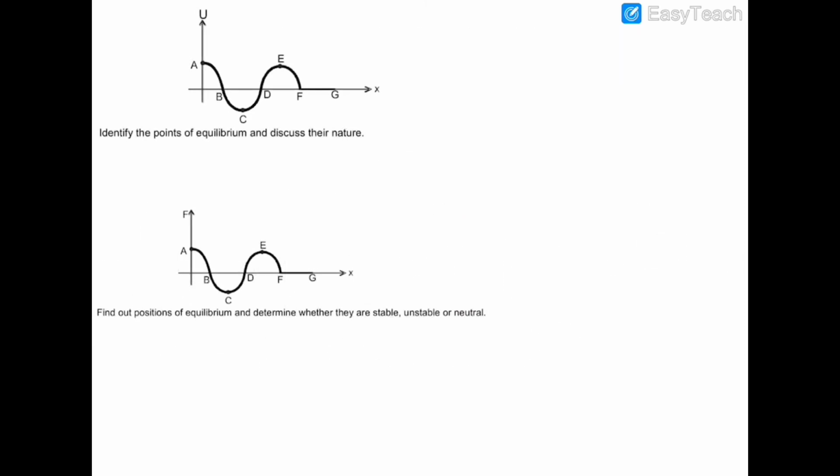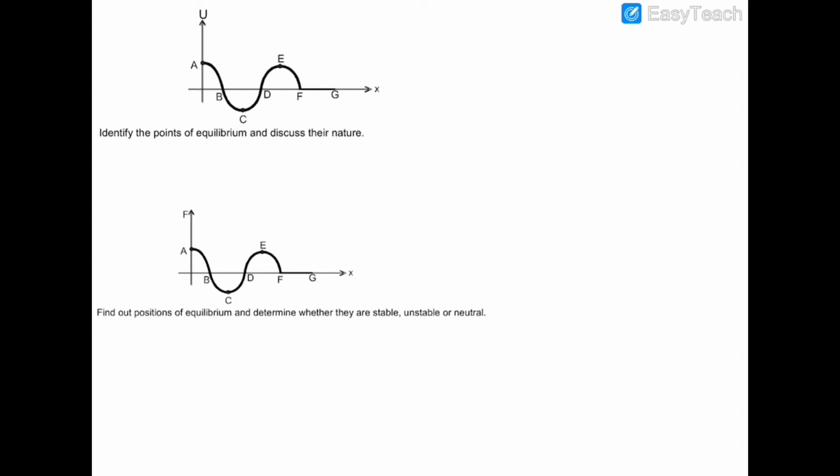In this question, we need to identify the points of equilibrium, and we need to identify whether they are stable, unstable or neutral. Now in this first diagram, the graph is given between potential energy and x.